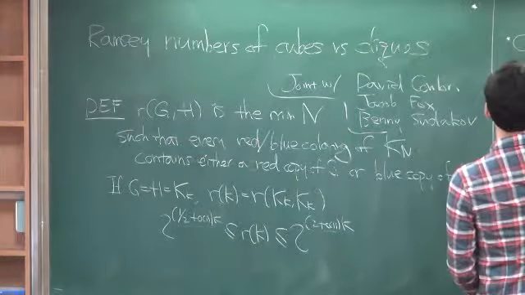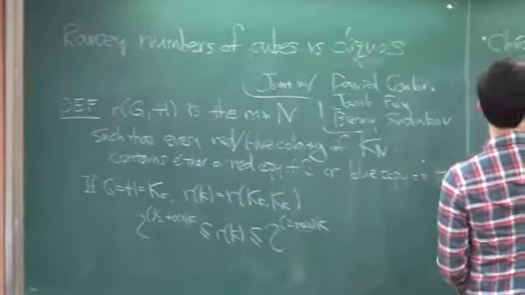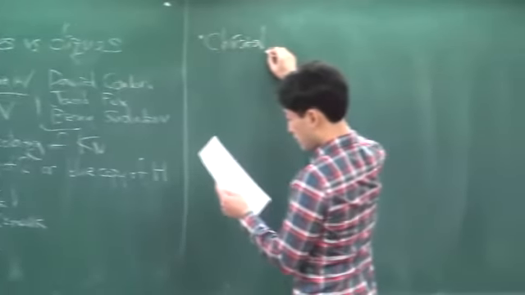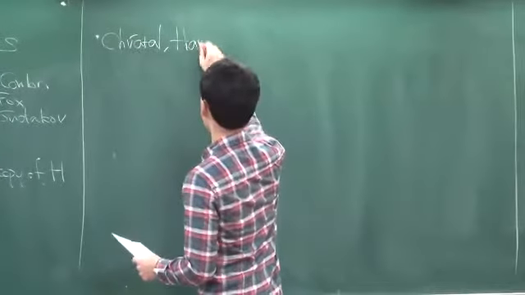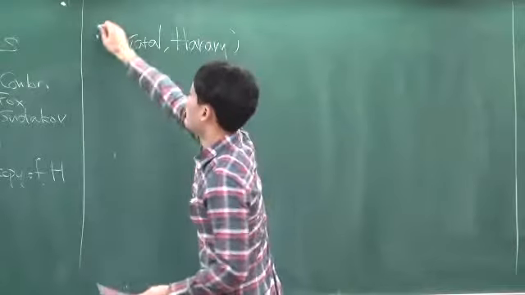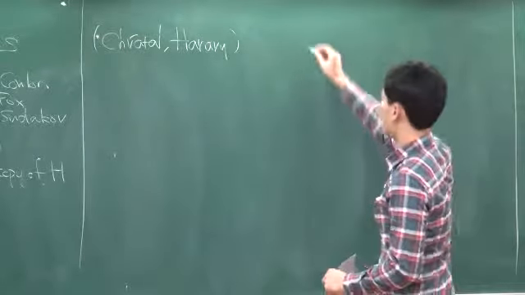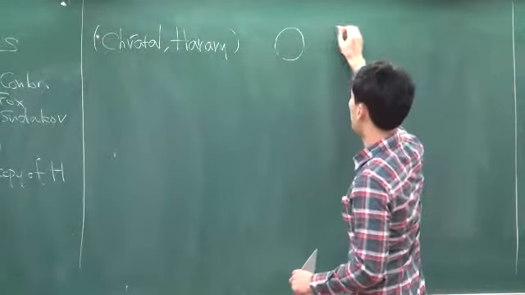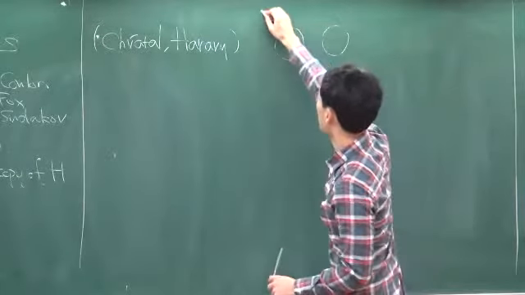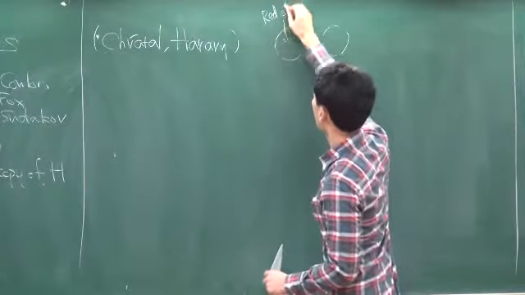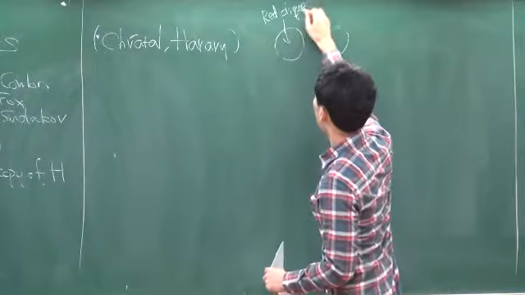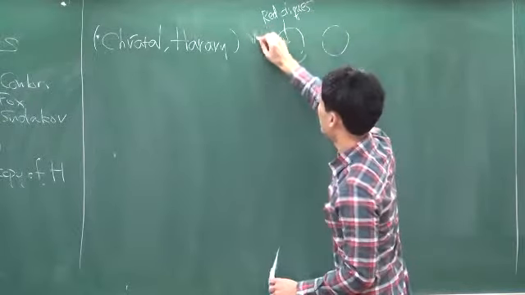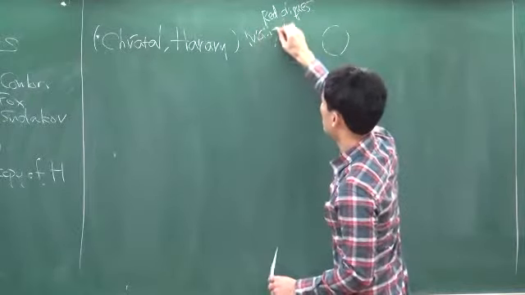So let's consider the following construction given by Chvátal and Harary. We put red cliques, and they have size the number of vertices of G minus 1.